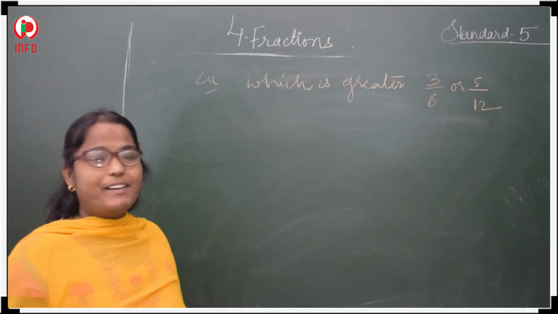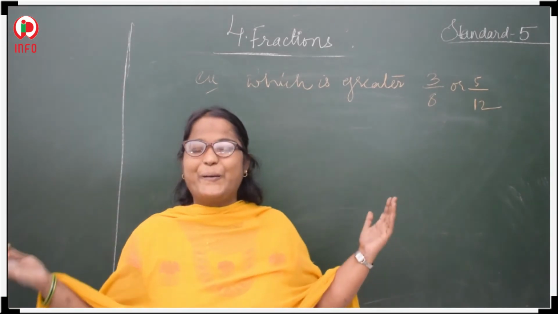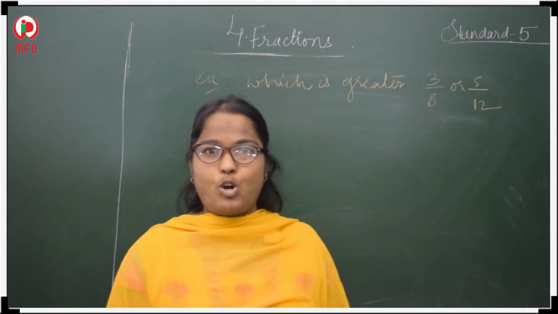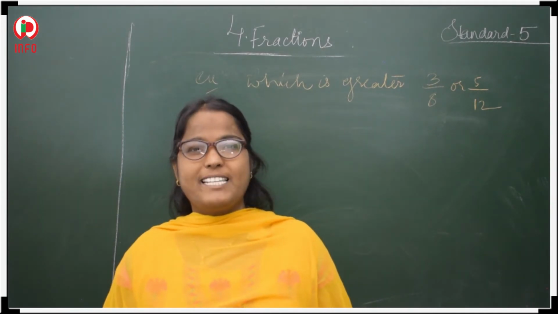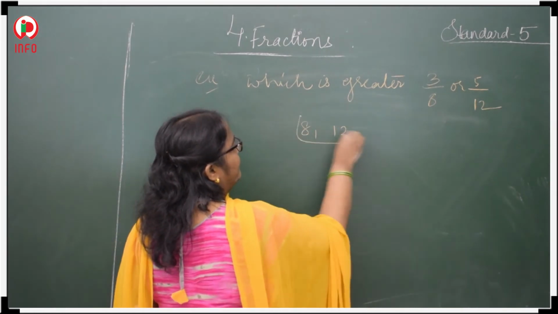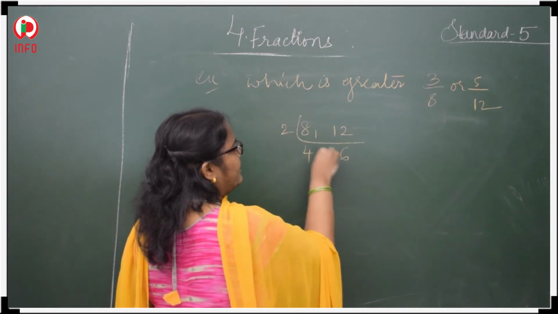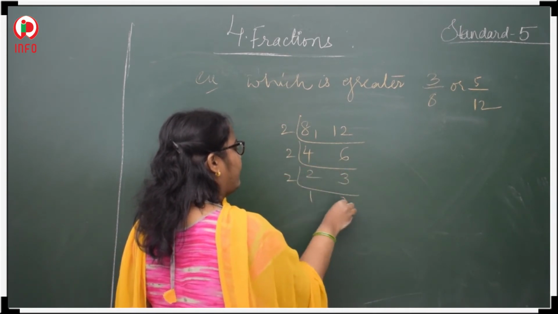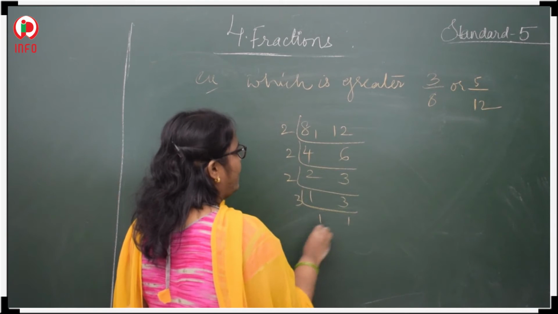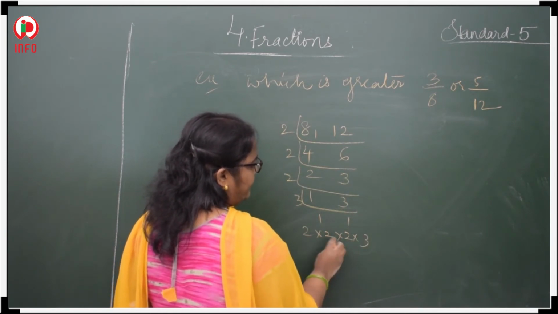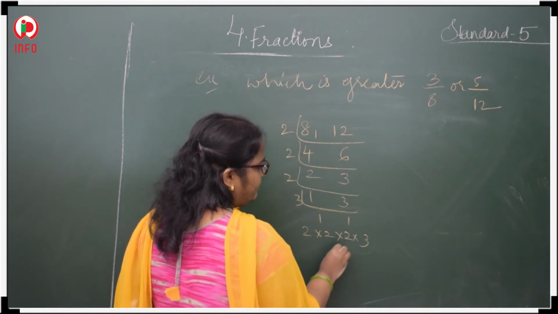The next concept we have is which is greater. What we have to do is go with the LCM concept to make our denominators equal. Yes, 8 and 12. 2 fours are 8, 2 sixes are 12. 2 twos are 4, 3s are. How much did we get? 2 into 2 into 2 into 3. 2 twos are 4, 4 twos are 8, 8 threes are 24.